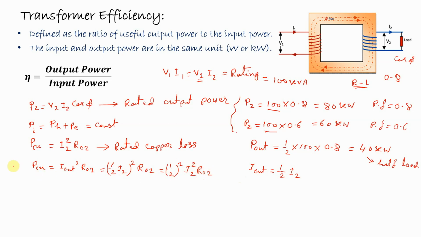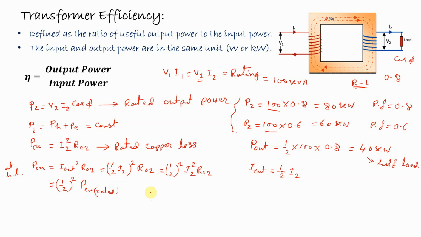So finally, the copper loss at half load will be equal to 1 by 2 square of the rated copper loss. That means if we change the load, the corresponding current will change, and as the current changes, the corresponding copper loss will also change as the square of the current.